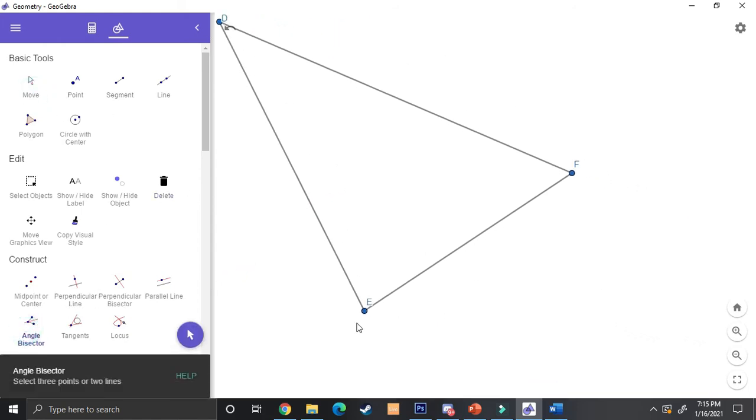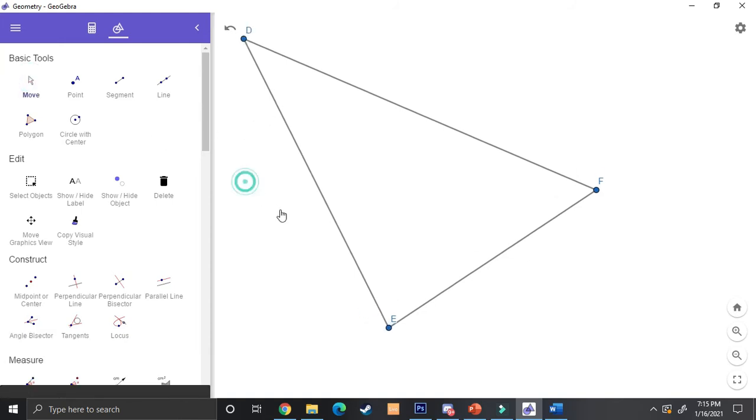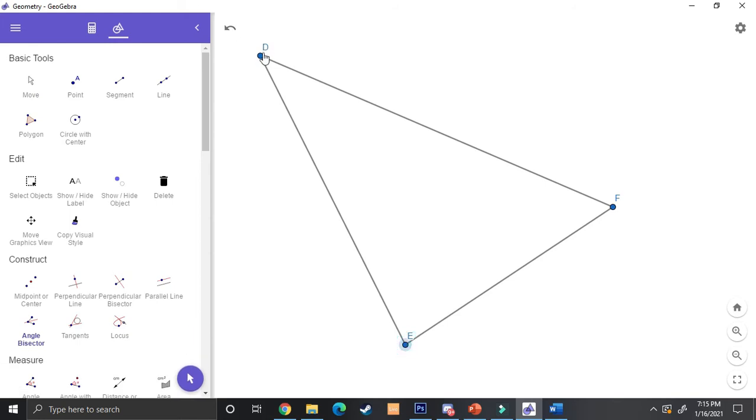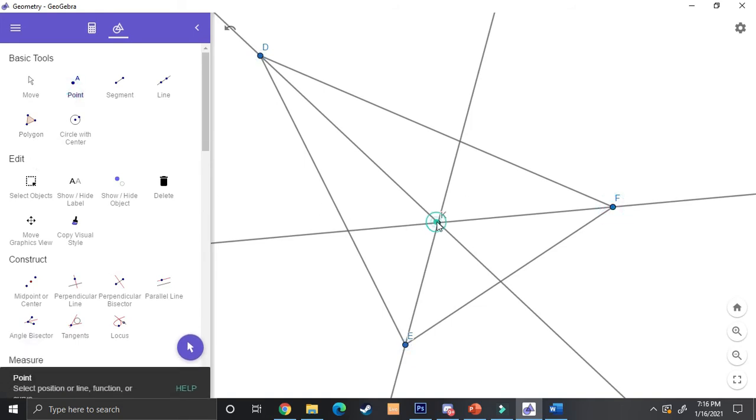So we draw the angle bisectors here, here, here. The angle bisector of F and the angle bisector of E. And they all intersect at point K.